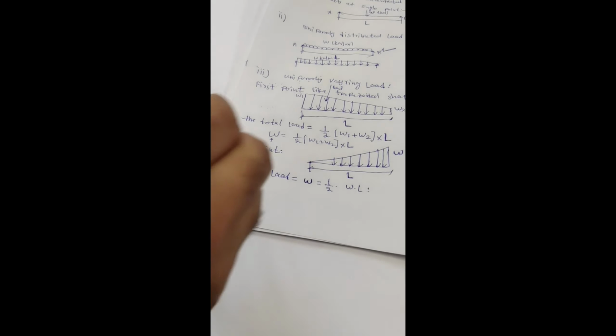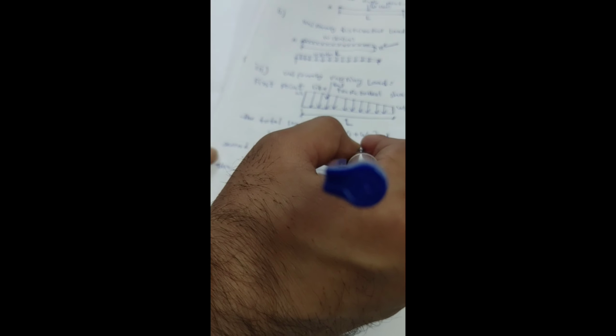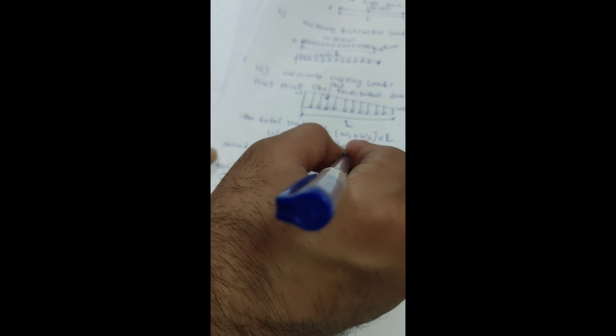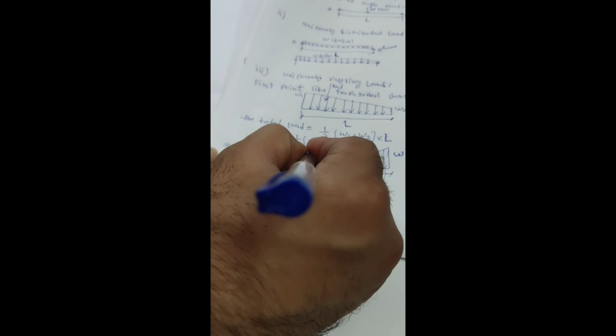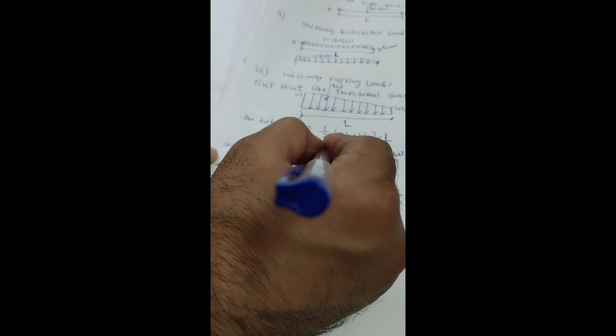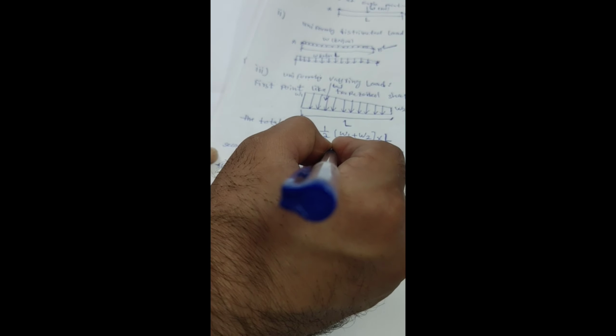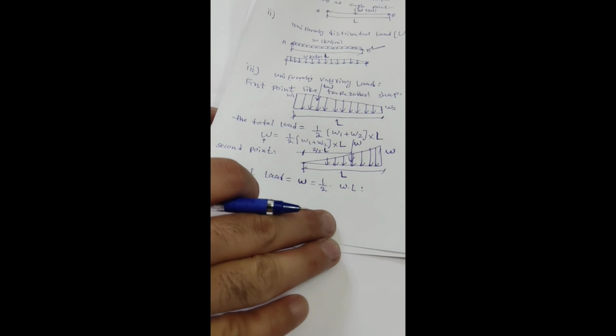This is the total load. And the centroid of the load is here, at 2 by 3 into L, that is 2L by 3 from this point. We should calculate like this for the uniformly varying load.